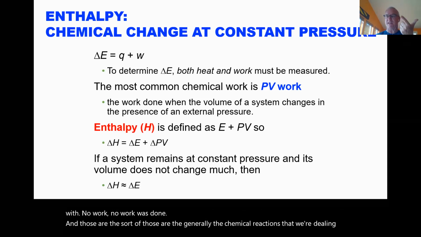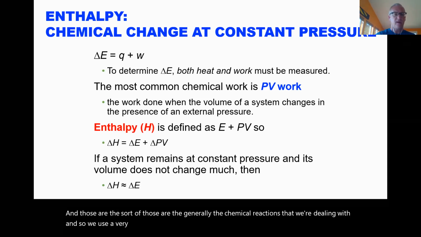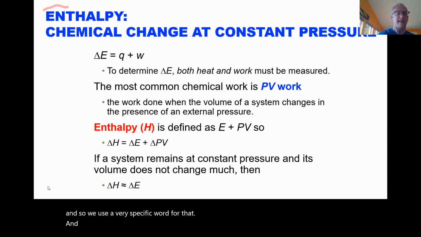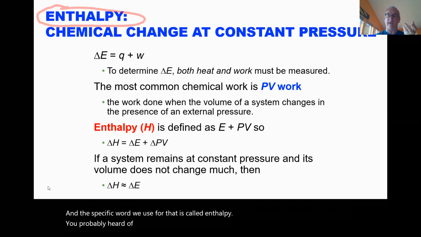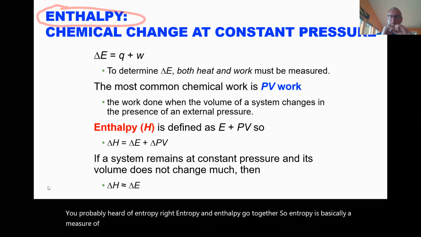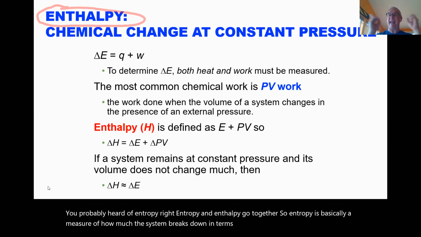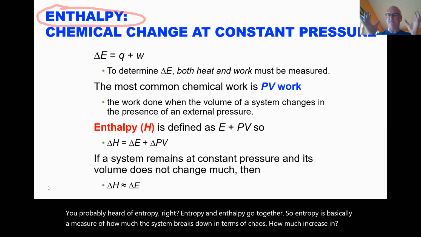And so we use a very specific word for that. The specific word we use for that is called enthalpy. You've probably heard of entropy, right? Entropy and enthalpy go together. So entropy is basically a measure of how much the system breaks down, in terms of chaos, how much increase in randomness there is.